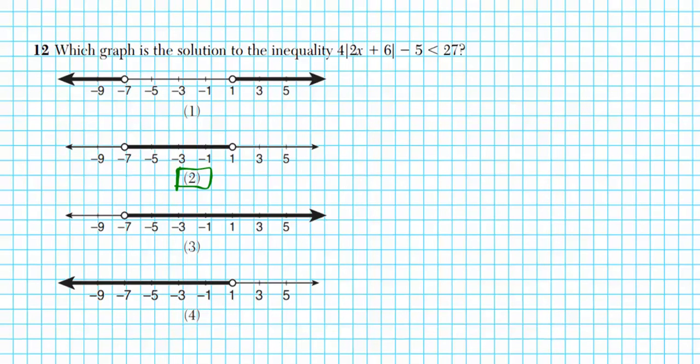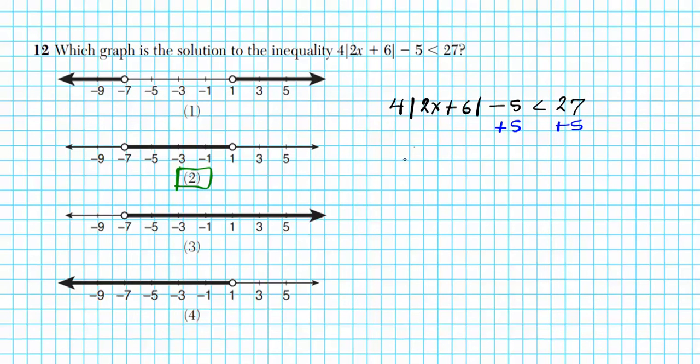All right, so let's go ahead and solve this algebraically. We have 4 times the absolute value of 2x plus 6, minus 5 is less than 27. The goal is to get the absolute value quantity isolated first, and then we'll get x isolated after that. So let's work our way from outside in. Add 5 to both sides.